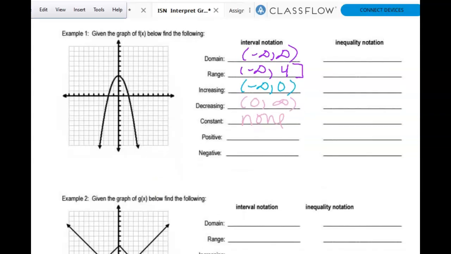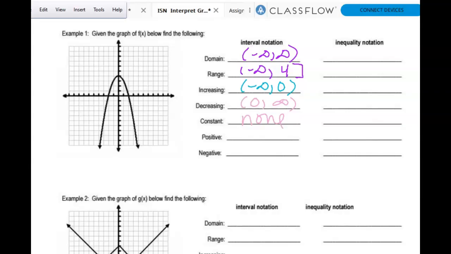Okay. So what's the next attribute we're going to talk about? Positive and negative. So what would positive be? Where would that be?